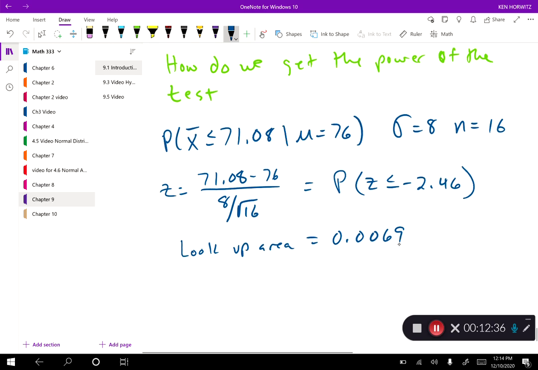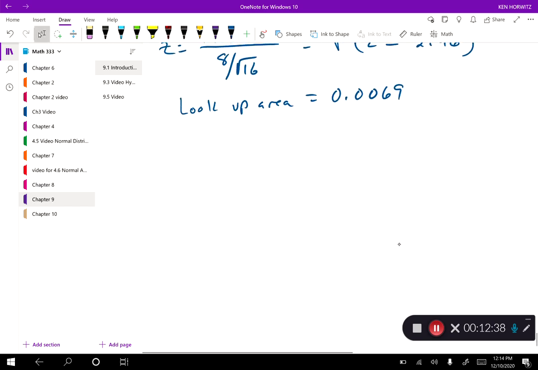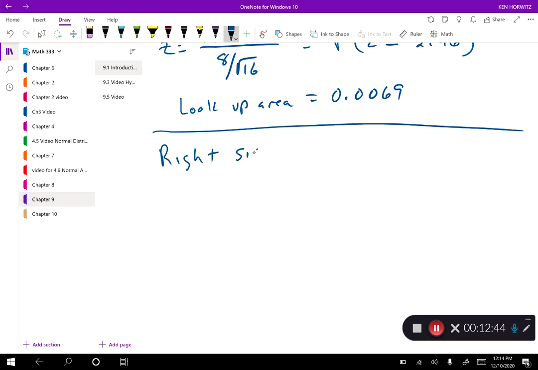All right, so now let's do the right side. I need to know the probability that x bar is greater than or equal to 78.92, given that mu equals 76.